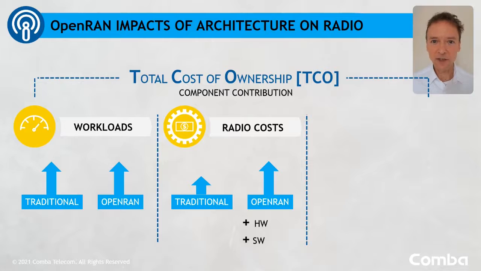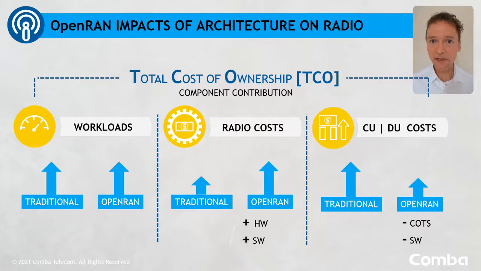It also requires more software, and a software maintenance is required over time. On the other hand, the CUDU costs have potentially been reduced as the application software complexity is reduced and COTS hardware can be used to do that smaller job compared to the traditional baseband unit.